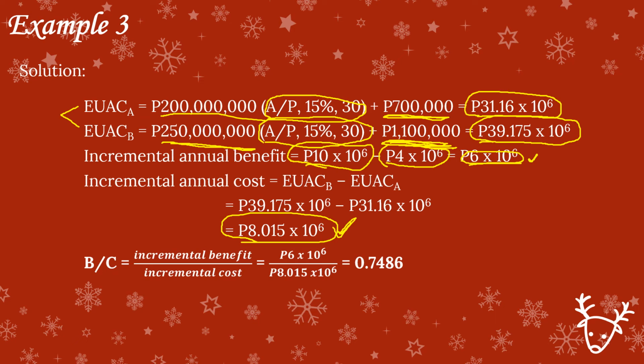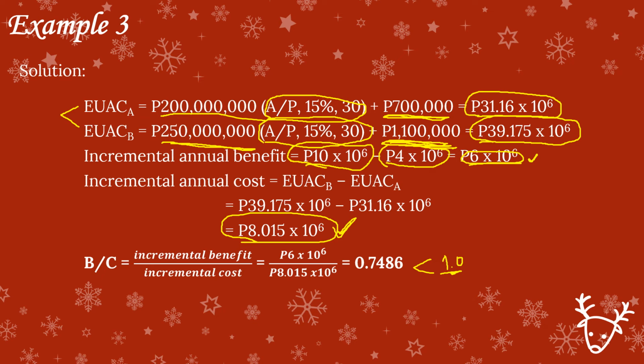ratio. Okay, there is 6 million in benefit and 8 million in cost. Therefore, your benefit cost ratio is 0.7486 and it is less than 1. Okay, because it is the same as the criteria for choosing with the rate of return on annual investment, they have the same concept.